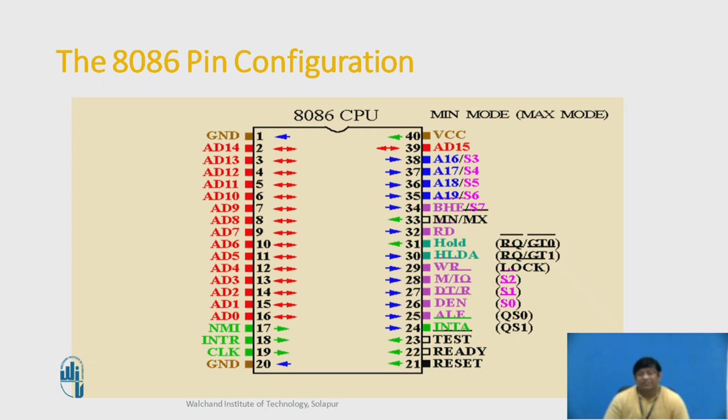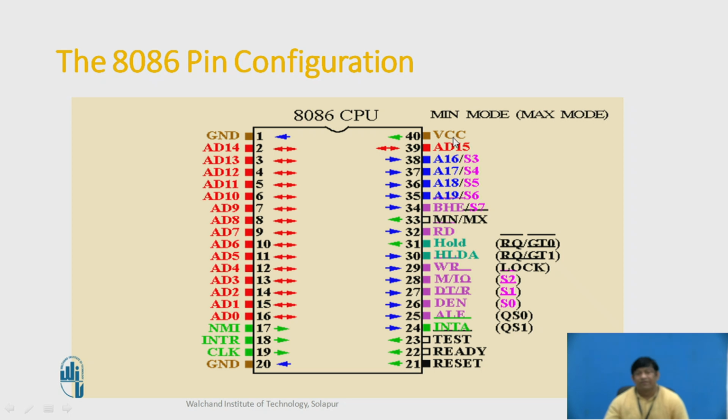The 8086 can work in two modes: minimum mode and maximum mode. Pin number 33 shows the minimum and maximum mode. When it is set to 1, connected with VCC, it works in minimum mode.